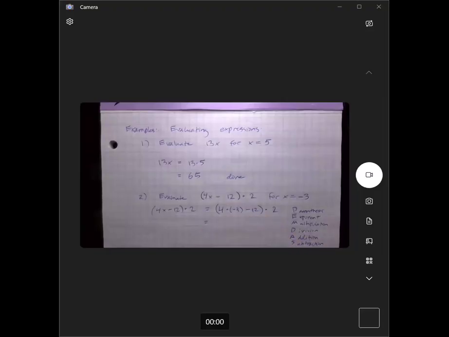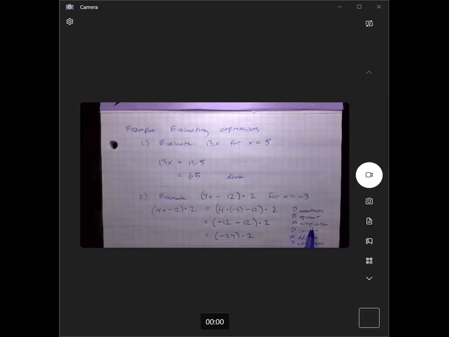So using that, we see, okay, I've got this parentheses here, so we want to make sure we do anything in the parentheses first. So we've got a 4 times a -3, which is a -12. And then we have this -12 minus 12 is negative 24, times 2.